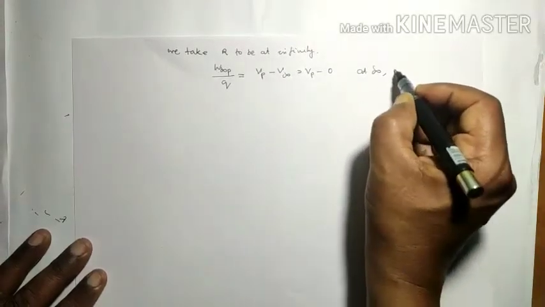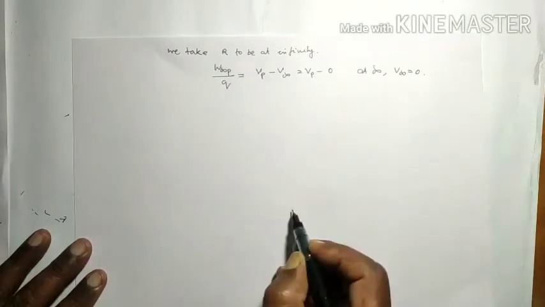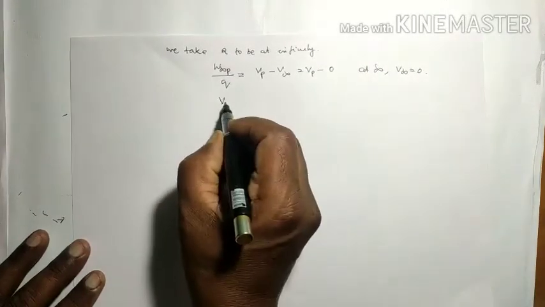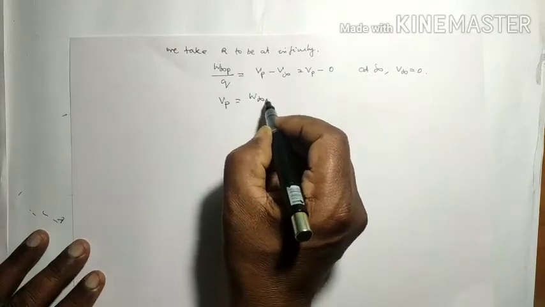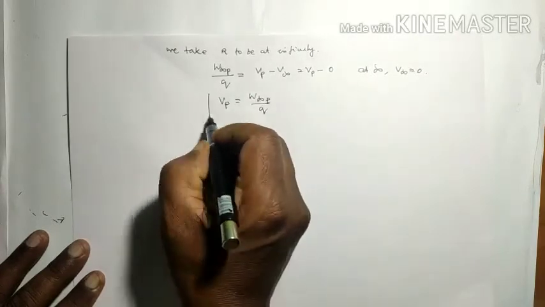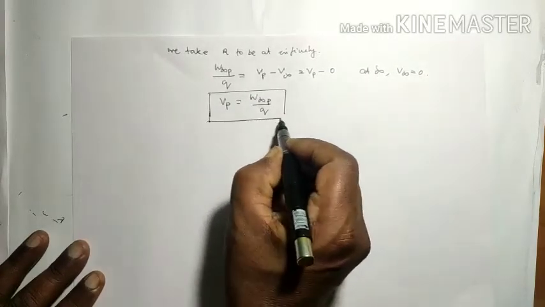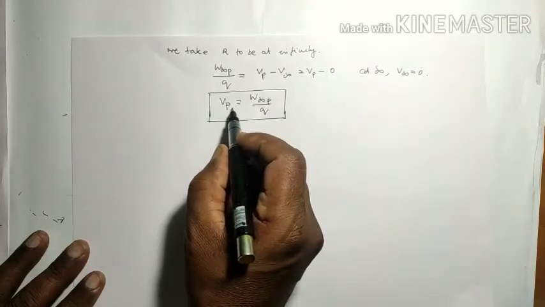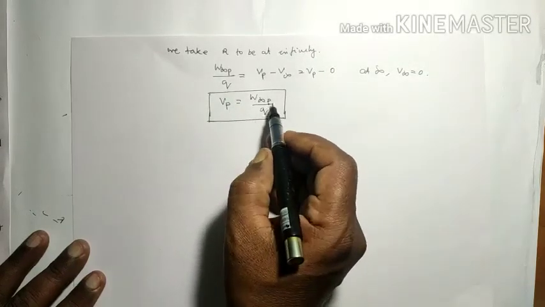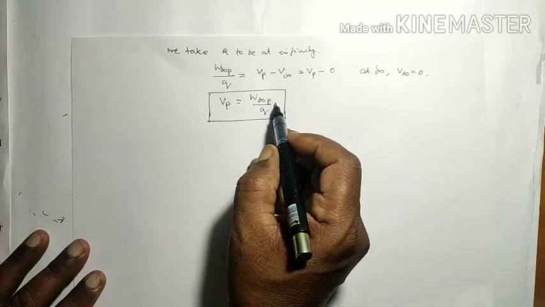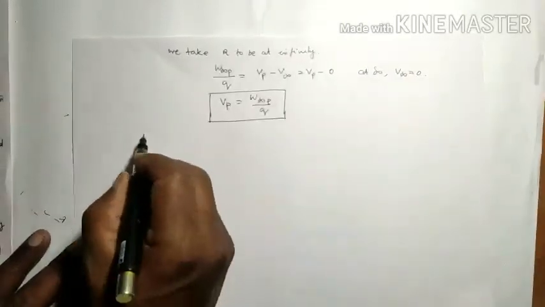At infinity, V infinity is 0, electric potential is 0. So Vp is equal to W infinity P by Q. So now we define electric potential at a point as the amount of work done to bring a unit positive test charge from infinity to that point.